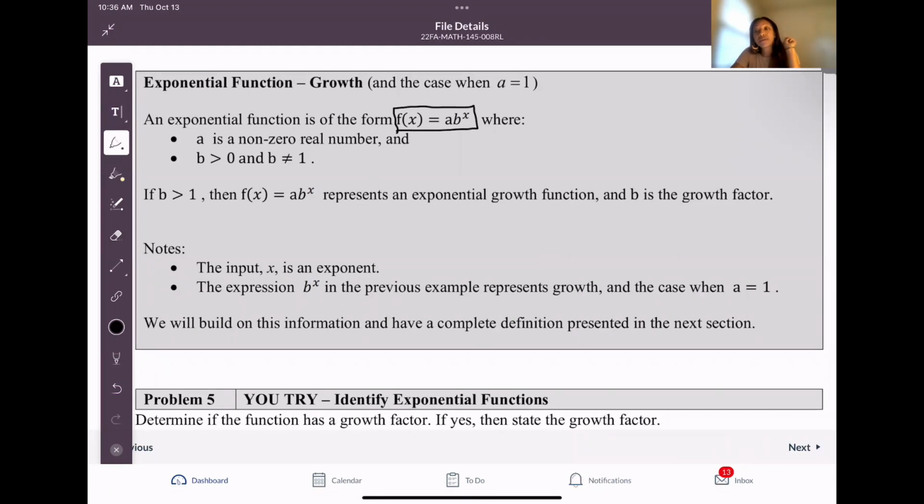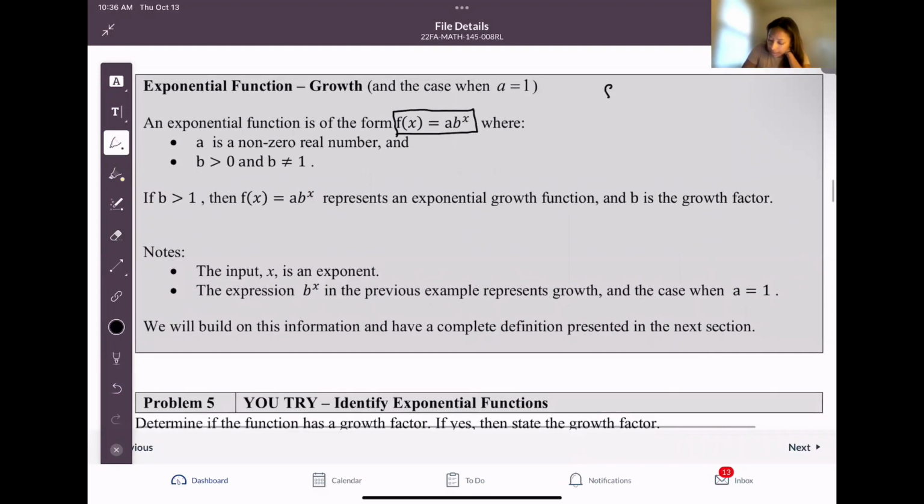B has to be a number that's positive, and b cannot be equal to 1. Okay? If we have a function of this form, I'll give you a couple of examples. Something like f of x equals 5 times 2 to the x. F of x equals 1/2 times 6 to the x. F of x equals 0.25 times 1.35 to the x. These are all examples of exponential functions.